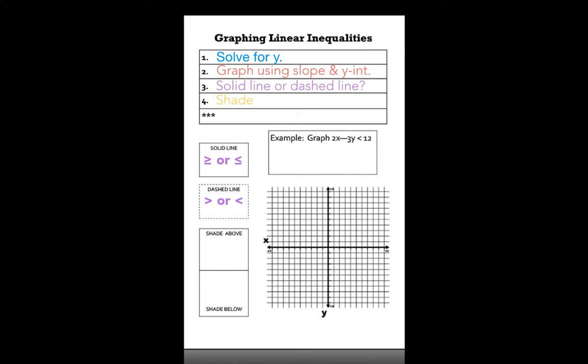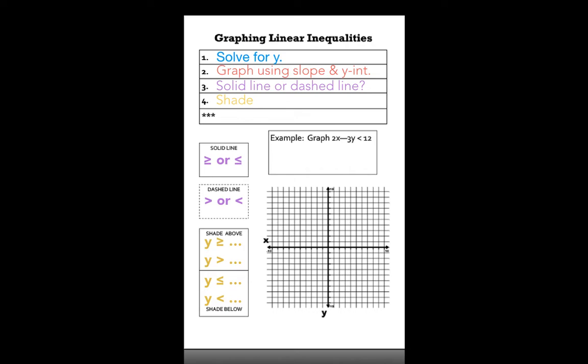After you've drawn your line, whether it be solid or dashed, then you're going to shade. You're going to shade above your graph if it's greater than or equal to. And you'll shade below your graph if it's y less than or y less than or equal to. So that's something new, different from what we've done before.